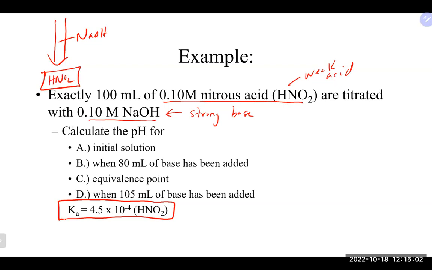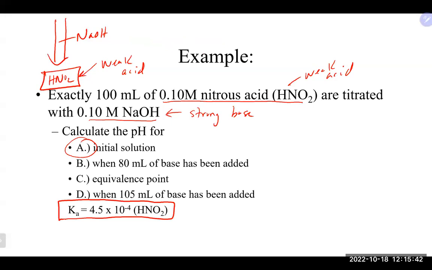So we'll start with A here, which is the initial solution. That's before we've added any sodium hydroxide. So that is really just our weak acid sitting there. As we talked about, in this type of titration at the very beginning, it is just a weak acid problem like you just did on the quiz, hopefully.